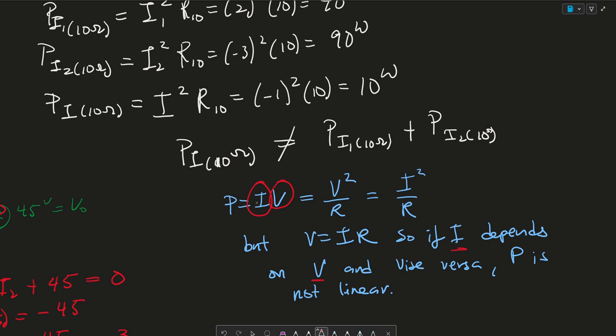As a result, power cannot follow the linear property.